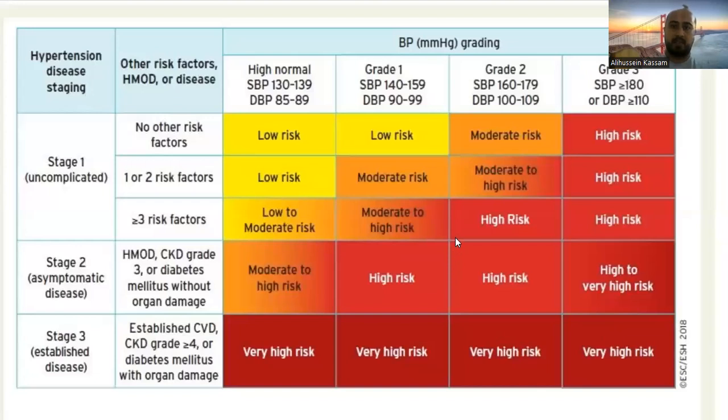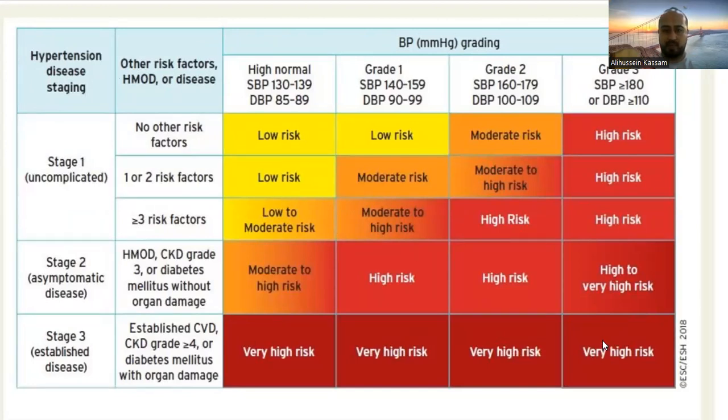This is pretty much the categorization of a patient who comes with hypertension into degrees from low risk to very high risk. As you can see, you have hypertension disease staging, stage 1, 2, and 3, then the number of risk factors, and then the grades. Based upon that, you can categorize hypertension into low risk to very high risk.